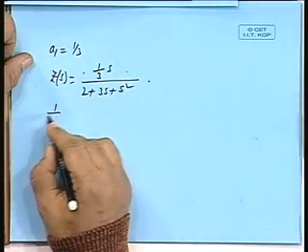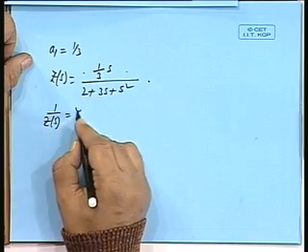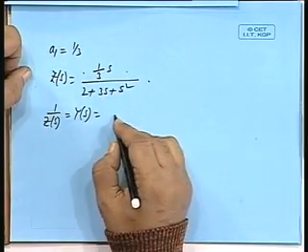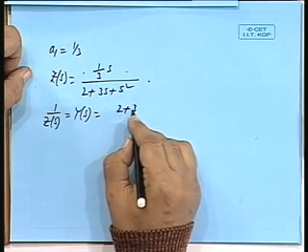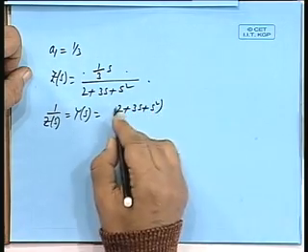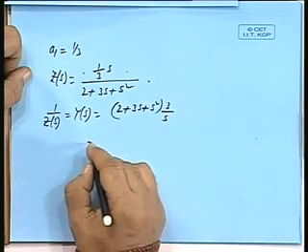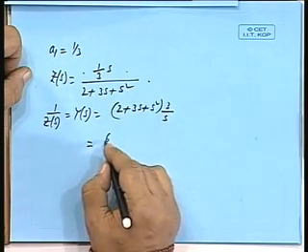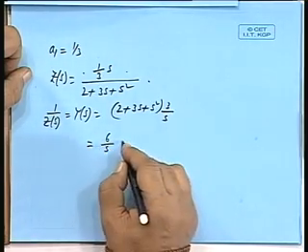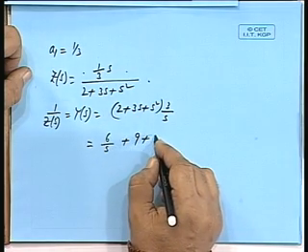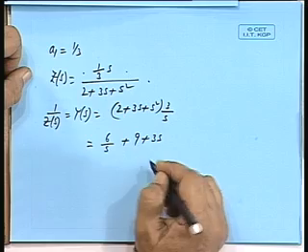What is 1 by Zs? That is Ys. If you invert it, it will be 2 plus 3s plus s square into 3 by s, is it not? So 6 by s plus 9 plus 3s.